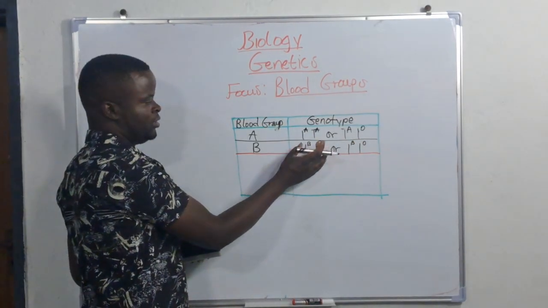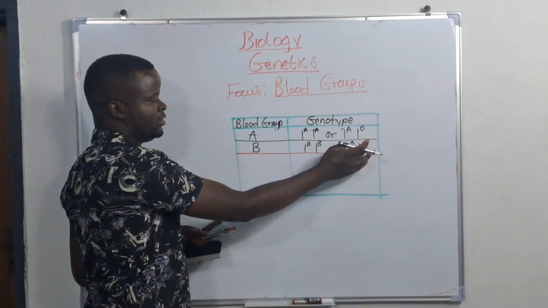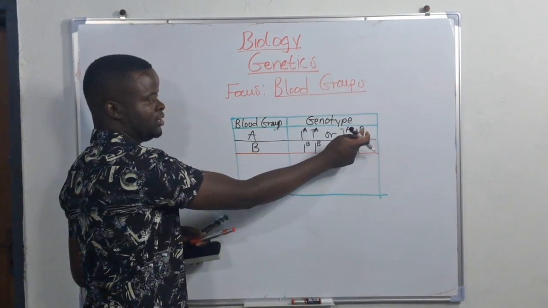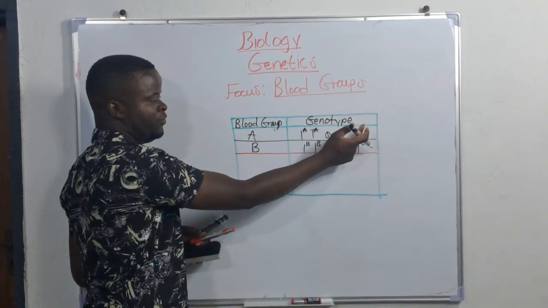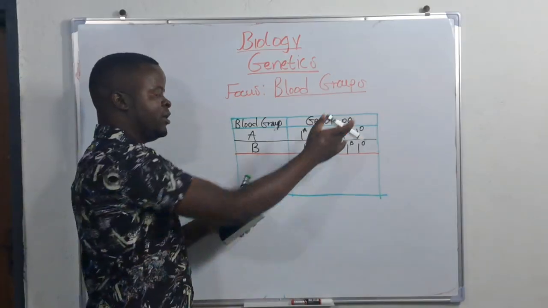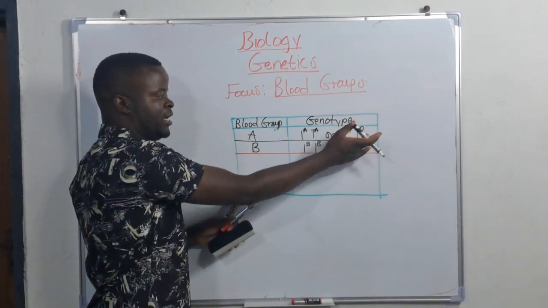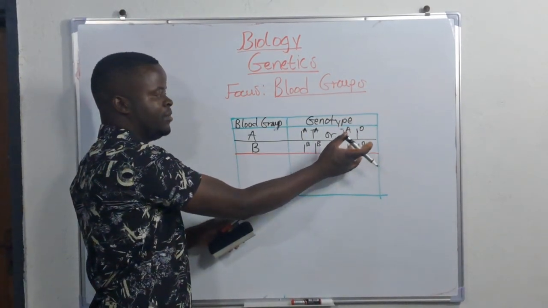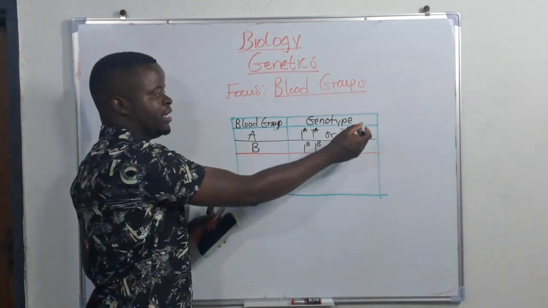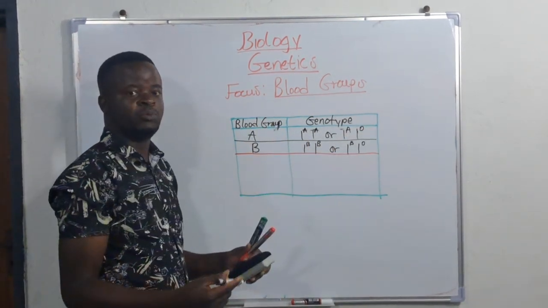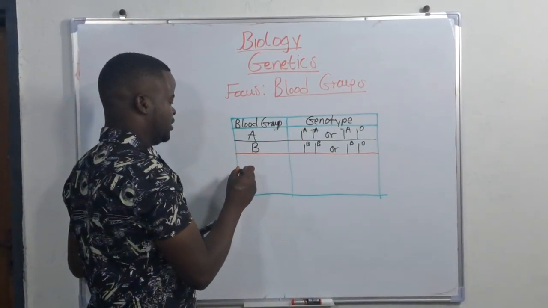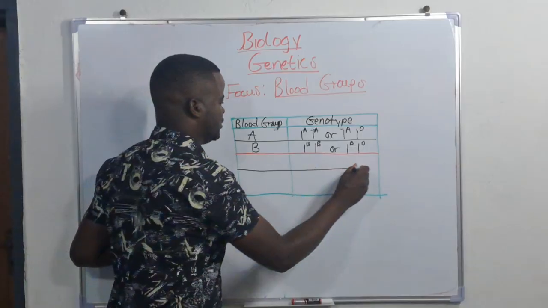Remember, homozygous dominant, heterozygous dominant. Remember, this is a recessive gene. It cannot be expressed, but you have a recessive pair. If a heterozygous woman and a heterozygous man meet, there is a possibility that they can have a child with blood group O. We are going to go beyond this, but for now, let's proceed.